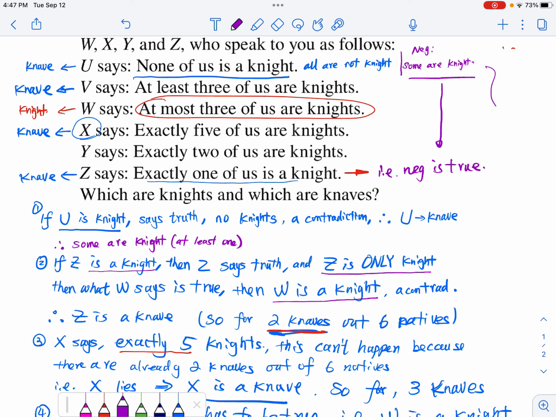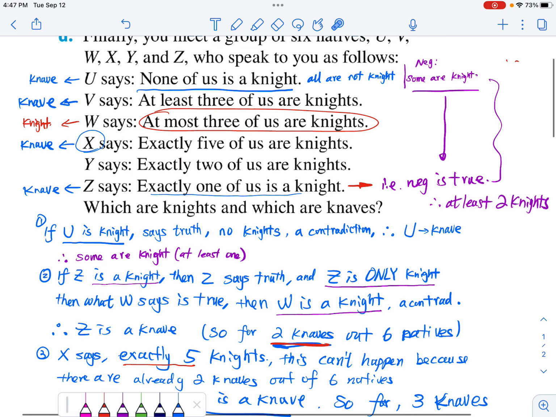Therefore, combining these two, at least 2 knights. I should have said that sooner. Now, because at least 2 knights, we have a knight W. So let's see. We have to have another knight.